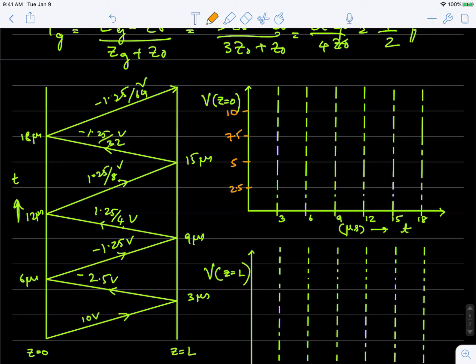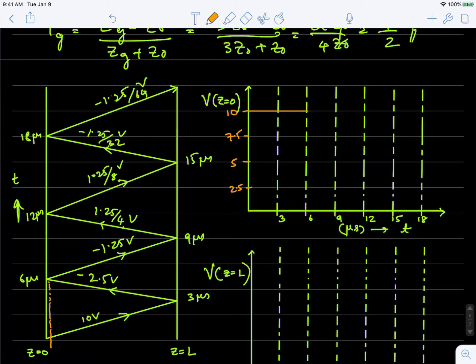At Z equals 0, it is 10 volts, and up until 6 microseconds, it's pretty much 10 volts. So I can write this as almost up until 6 microseconds we have just 10 volts on the source side.